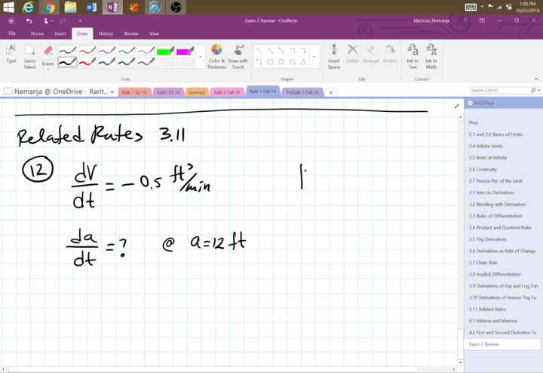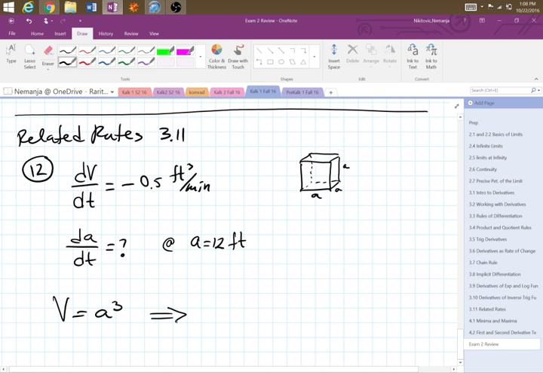So this is a cube with sides a. And now we have that the volume is a cubed.